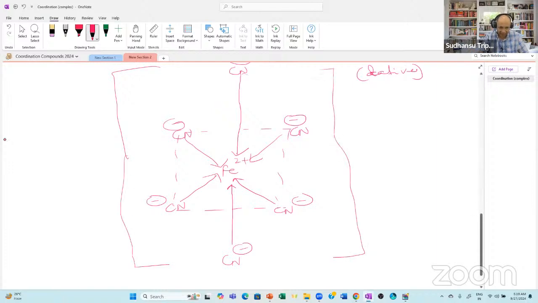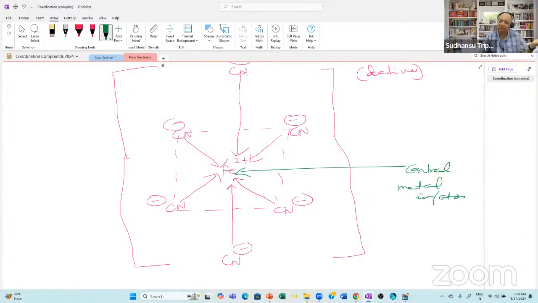So inside the bracket, you have the central metal ion. You can use your pen and paper because I will be going very fast. I will be taking off in first gear, then second gear, third gear, and then top, fourth and fifth gear. So this is the central metal ion. You can call it a metal, which may be an ion or sometimes having zero charge, so we can call it the central metal atom, and we shall assign the oxidation state.